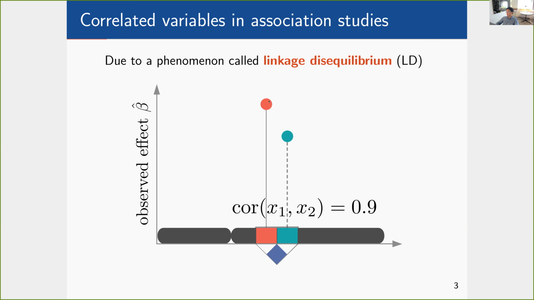Although, suppose you know that the right one is the causal SNP, there are non-zero effects in the other one, and they could be highly correlated. So the goal here is to separate this red one from the green one, not to consider their combined effects, right?